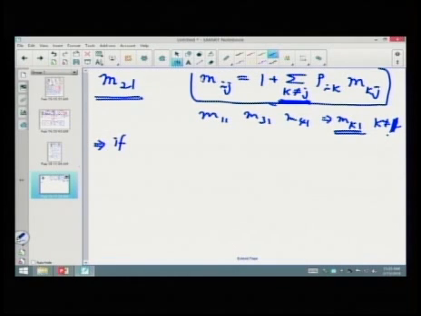What if i is equal to 1? What do we have from this formula? Then we are going to have m sub 1,1 first.